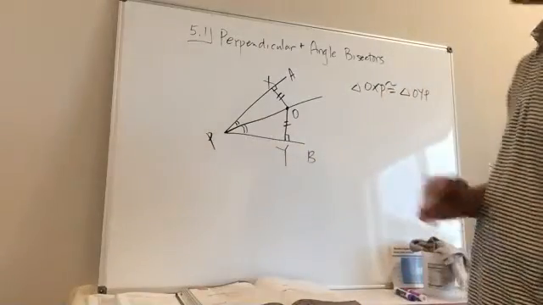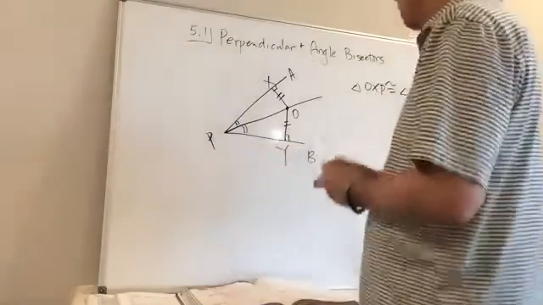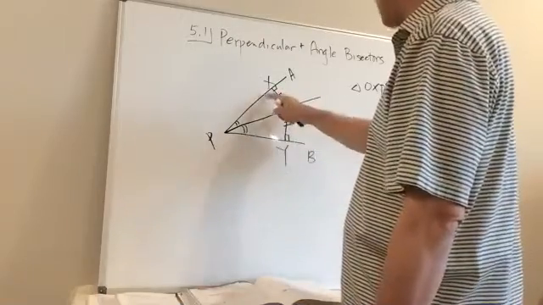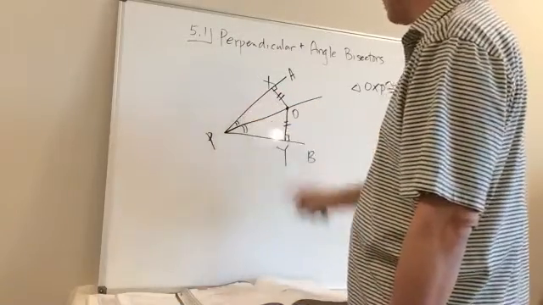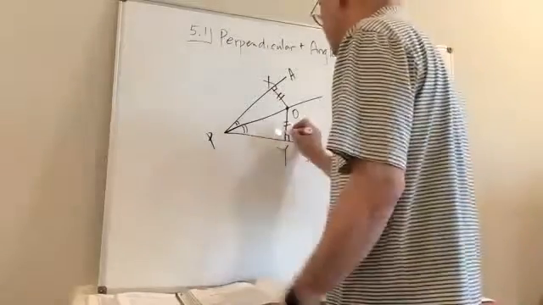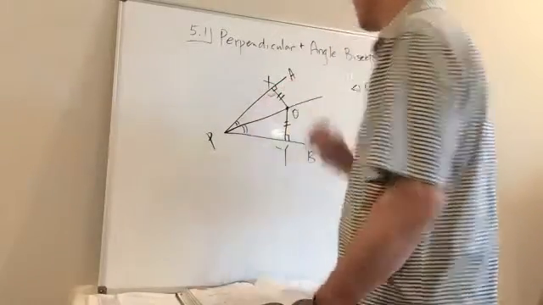And the reason they are congruent is because you have a side, and then you have an angle here and an angle here, right? This angle and this angle are going to be the same because they are both 90 degrees. This is 90 degrees, this is 90 degrees.